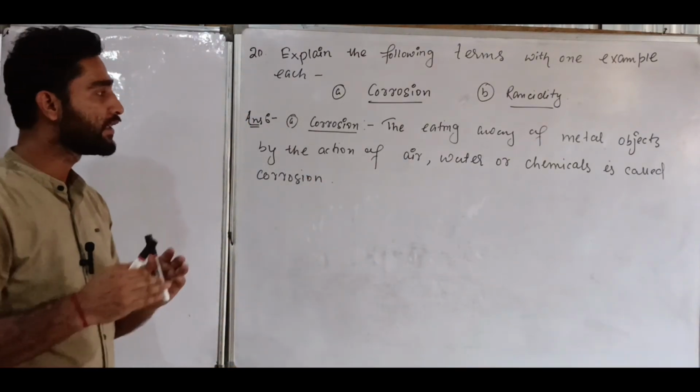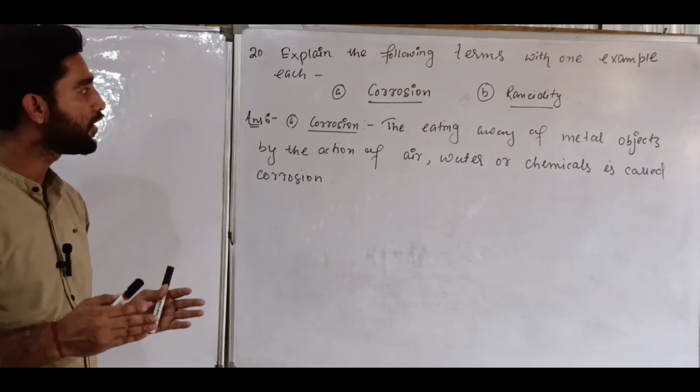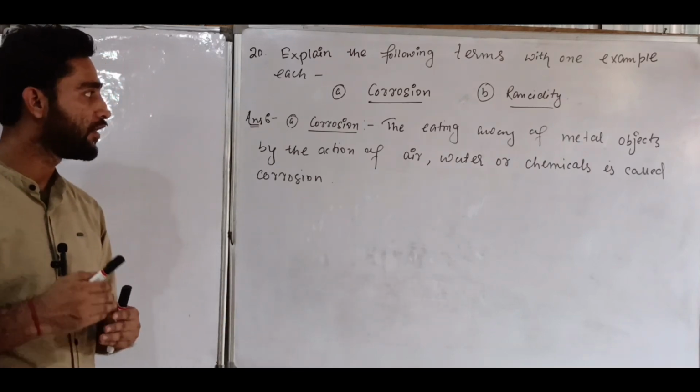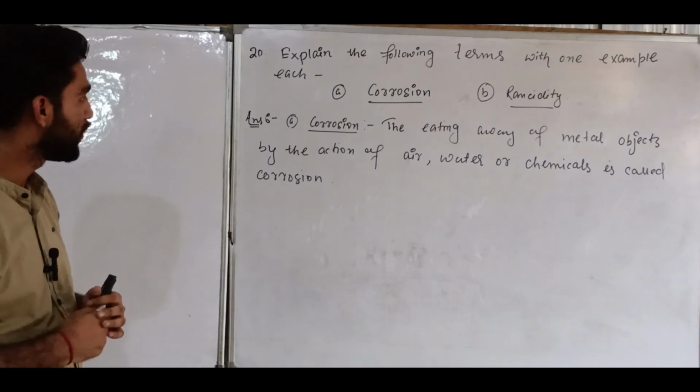Or we can say the process of slow oxidation of metal objects by the action of air, water or moisture or chemicals is called corrosion.